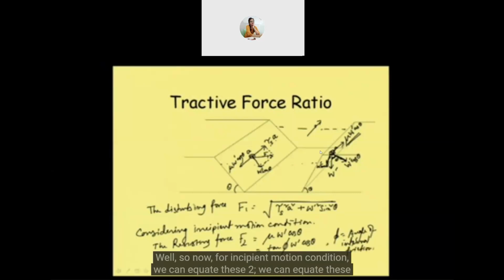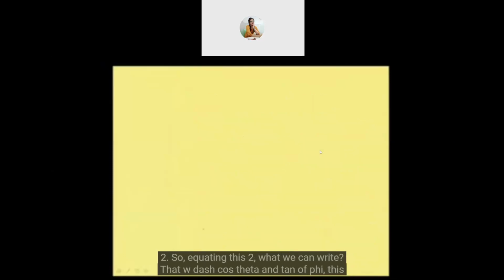Well, so now for the incipient motion condition, we can equate these two. So equating these two, what we can write is W dash cos theta and tan of phi.